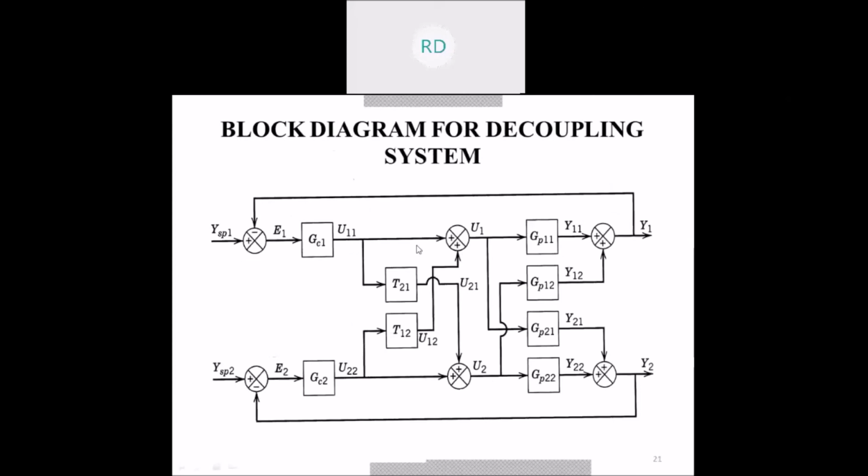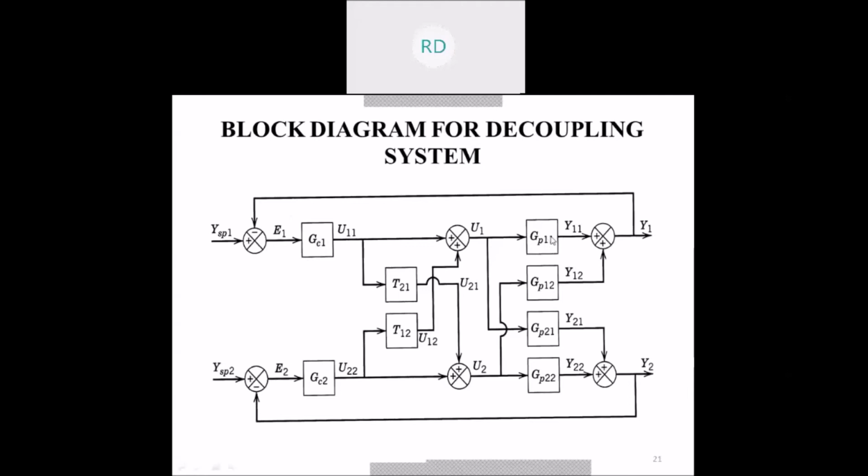After the controller we have the decoupler, so the output U1 goes through T21 to U2, and similarly T12. The indices 11, 12, 21, 22: the first is the output and the second is the input. So GP11, the first index is the output.